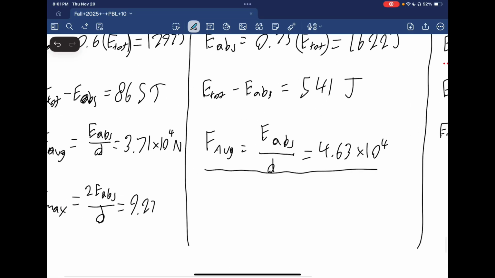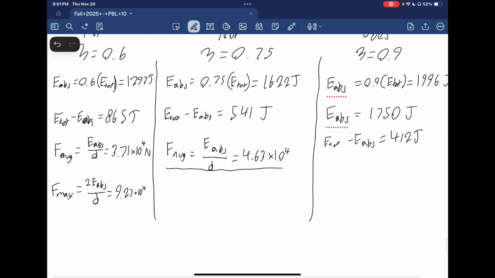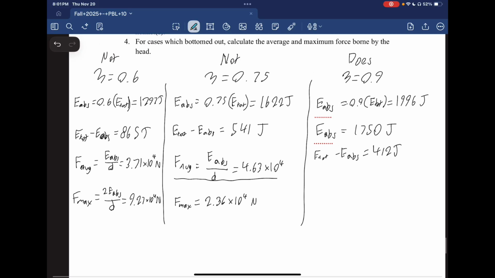And so in the first case, this equals 9.27 times 10 to the fourth. And in the second case, this equals 2.36 times 10 to the fourth.